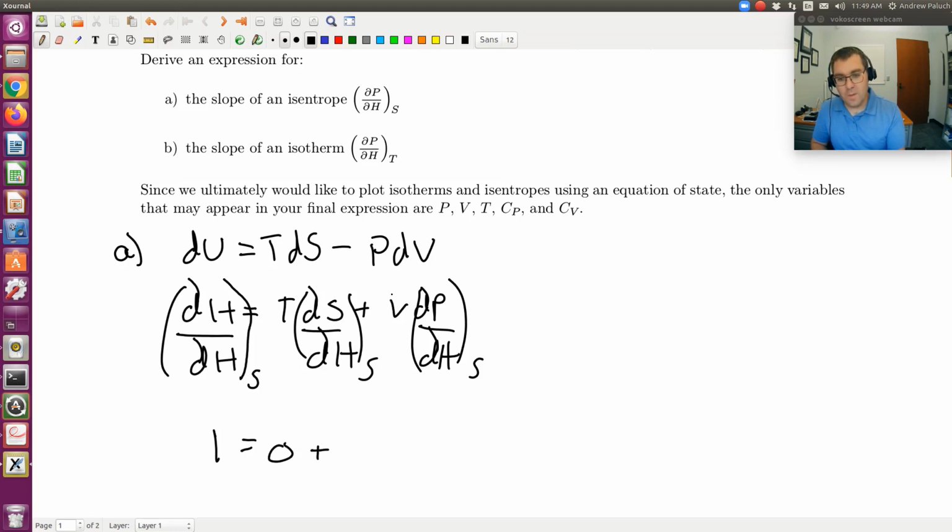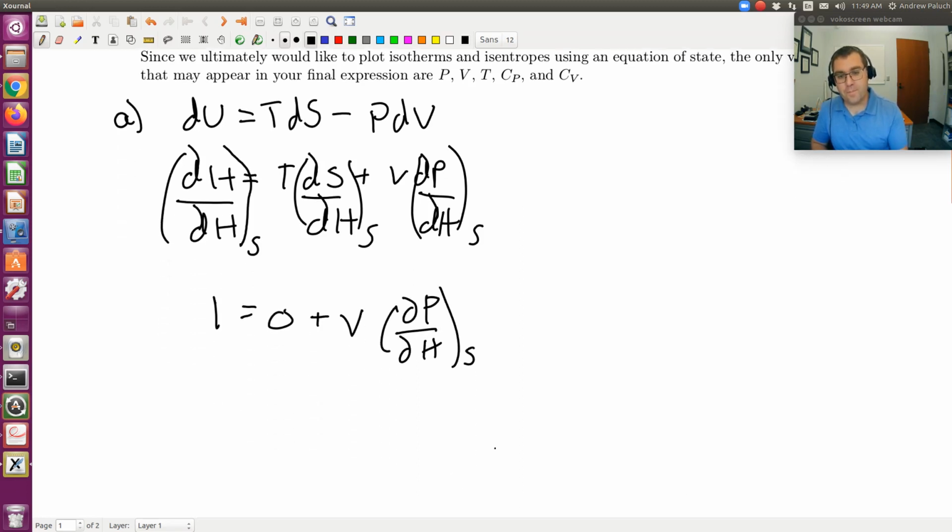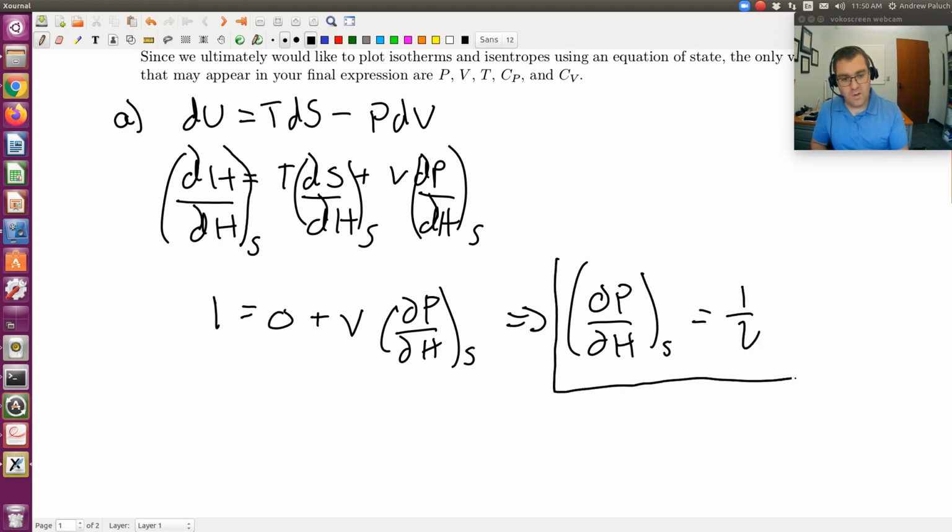Plus V times dP/dH at constant S, which is what we're trying to solve for. So we find that dP/dH at constant S is equal to 1 over V. So dP/dH at constant S is just equal to the inverse of the molar volume. Easy enough. Slope of our isentrope is just 1 over V.